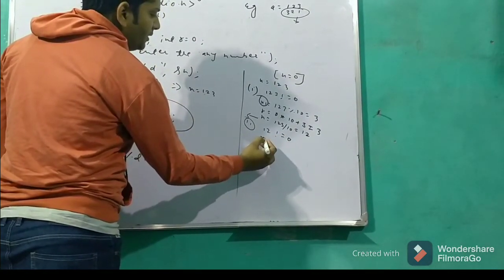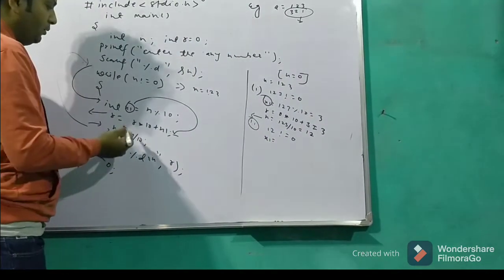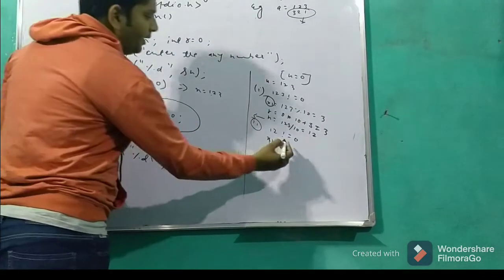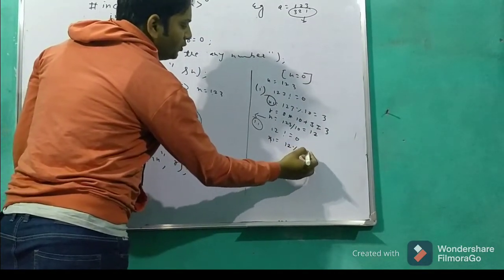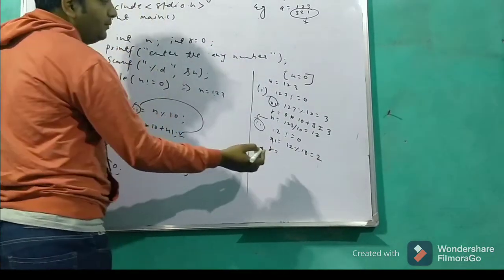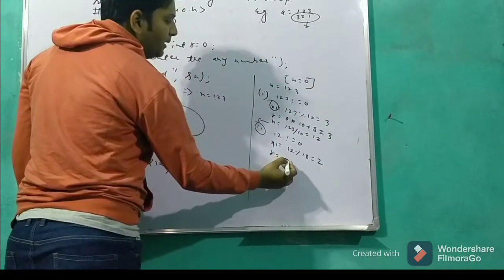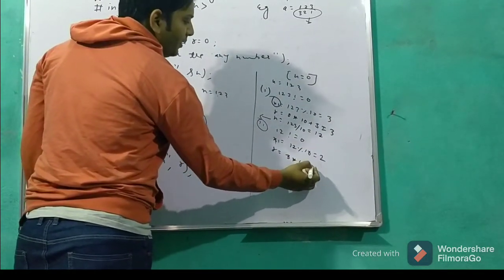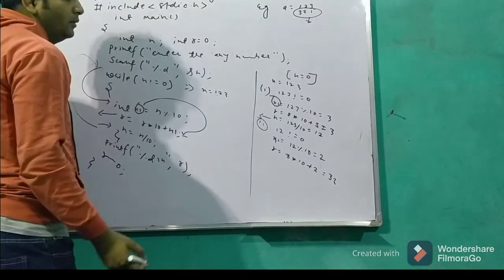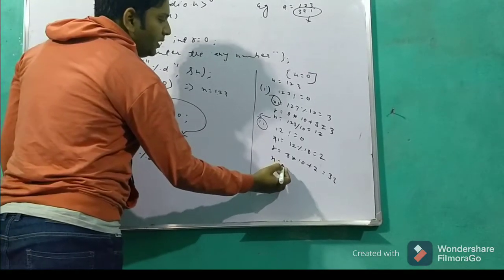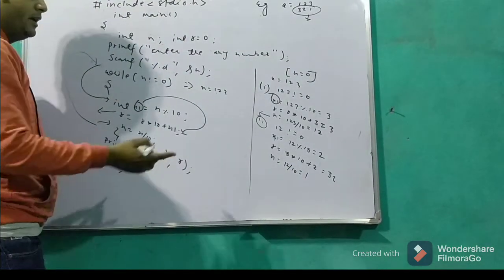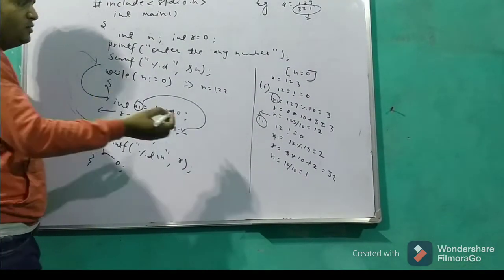So n1 equals 12 modulus 10, and we get remainder 2. Next, r equals the previous value, 3, into 10 plus the value of n1, which is 2, so it becomes 32. Now the n value is 12 divided by 10, which gives n as 1. Again the condition is true because 1 is not equal to 0.